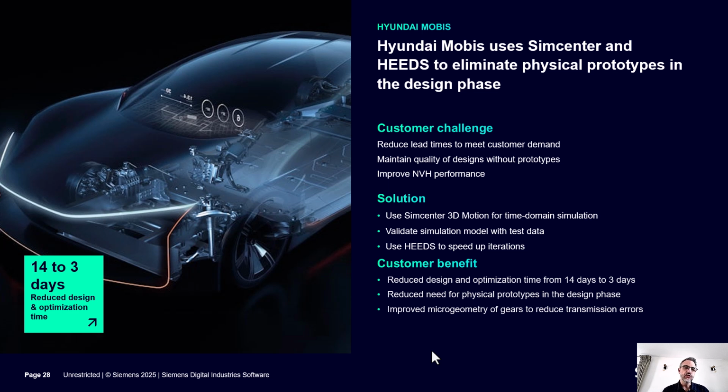That allowed them to do a design iteration much faster than what they used to do before. So from 14 to 3 days to analyze, optimize the layout and optimize the gearbox.